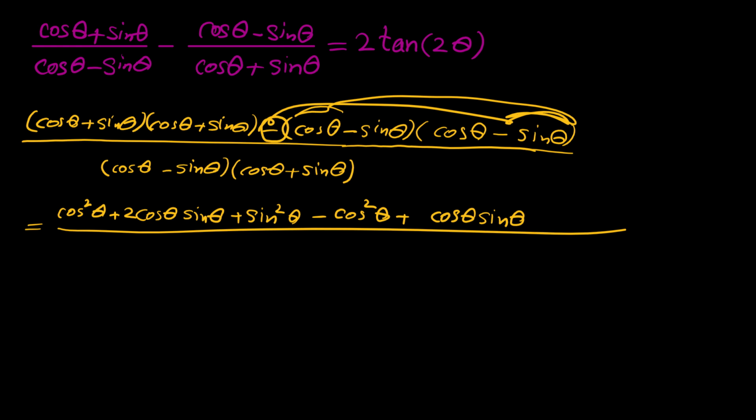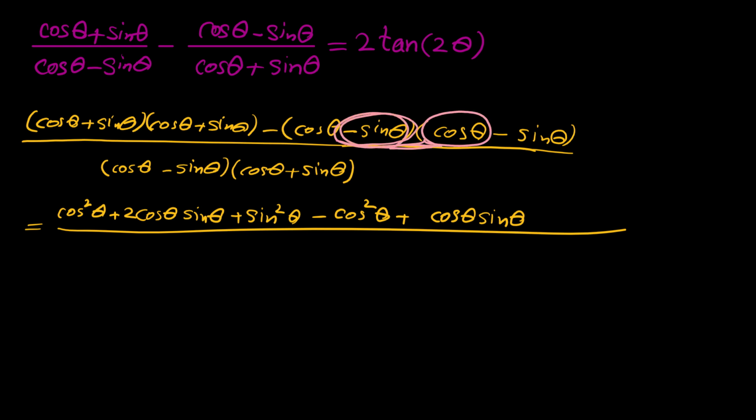Then we have this negative sine times cosine. It would be negative sine cosine with a negative, plus sine cosine. But we have another sine cosine already here, so it would be 2 cosine theta sine theta.